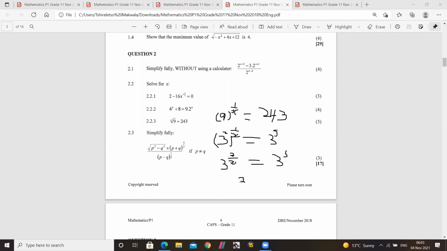So 2 over x is equal to 5. Why? Because these two are the same, so you can equate the exponents. Therefore you solve for x normally. So x is equal to 2 over 5.